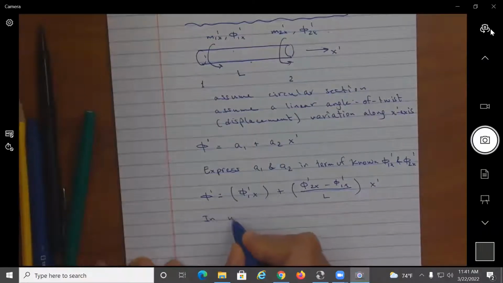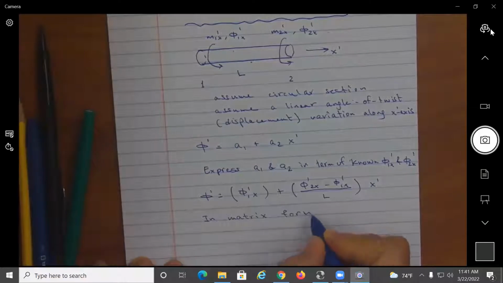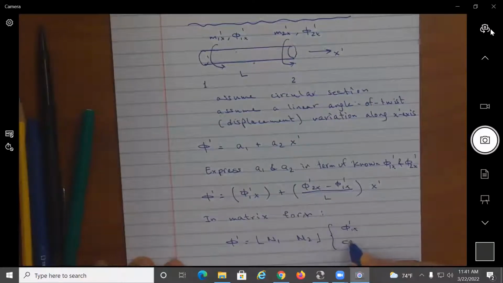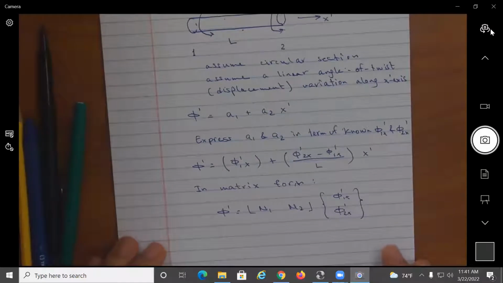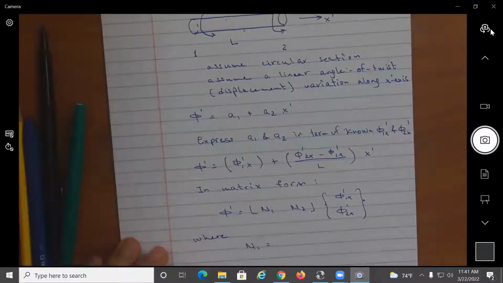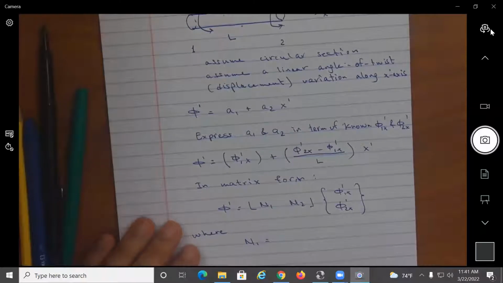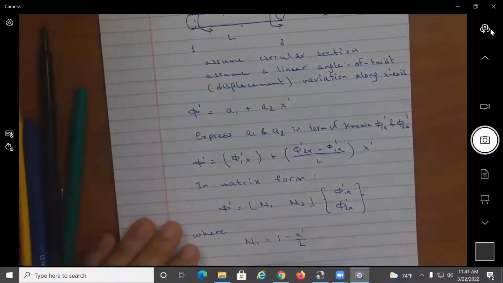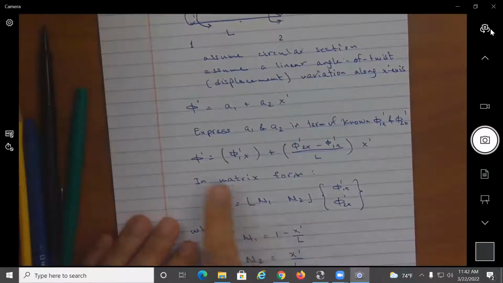I can write this in matrix form as phi prime equals N1, N2 multiplied by phi1X prime and phi2X prime, where N1 is equal to one minus x prime over L, and N2 is equal to x prime over L. Of course, you will need to rearrange the displacement function given here in order to come up with the shape functions, but they're very similar to those of the bar elements.